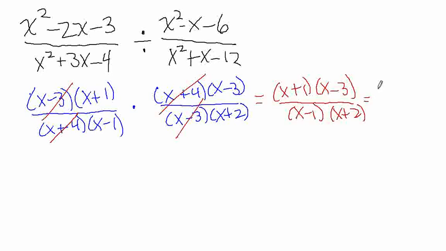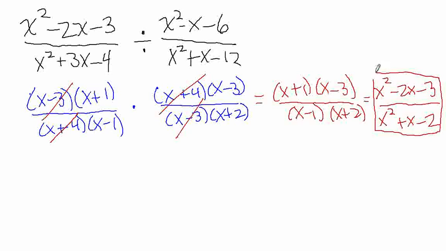If you like, you can expand it, although that's not necessary. Maybe you think it looks nicer for some reason. And so you would get this if you like. So that whole black division problem we started with reduces, simplifies to this nice red rational expression. Okay?